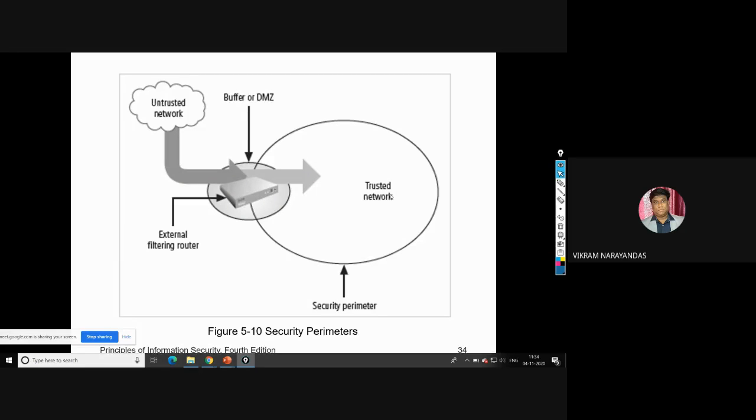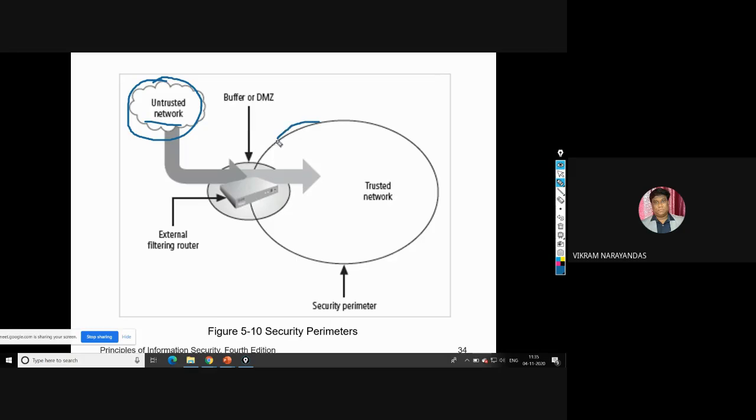External filter router. I may connect from the untrusted network to the trusted network here. So what is a trusted network? What is an untrusted network? The outside world, what you are connecting to through the internet, is nothing but an untrusted network. I am connecting to different IPs here.